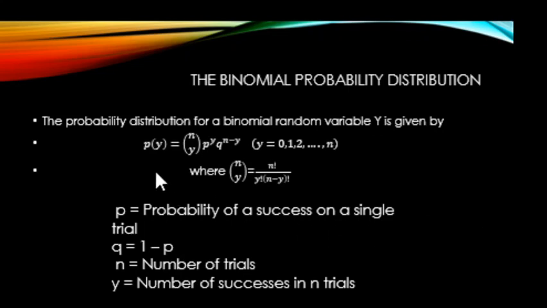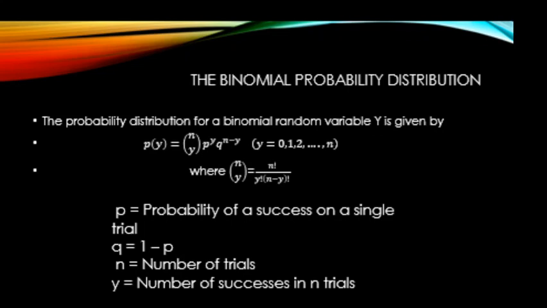So if you look at this formula, this is what we're doing. Probability of y is n choose y. So this n choose y gives the possible number of combinations for y successes. Imagine we have 10 coins and we are trying to figure out the probability that we get 4 heads. These 4 heads could occur in any sequence.